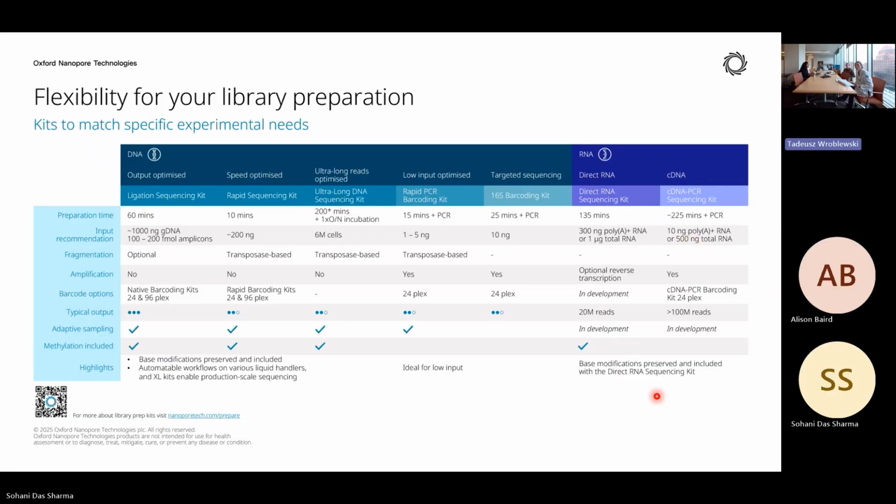Also, our platform is compatible with 10x Chromium, and the kit you use is similar, like the ligation sequencing kit.